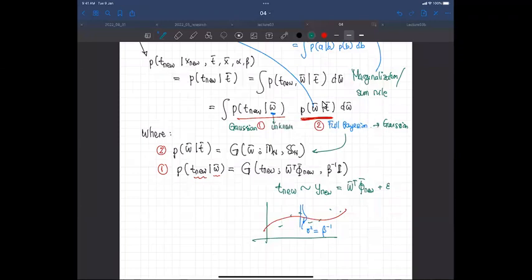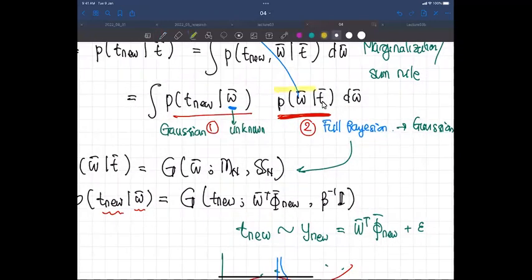If W is unknown, what do you call the second term? It's posterior basically, that's true. But now, it's a bit difficult to explain, you can think that the second term here is actually the prior of the first term, and the first term is the likelihood. You can consider it that way, right? W is unknown, so it becomes likelihood in the first term and prior in the second term. In other words, the prior and likelihood are both Gaussian.